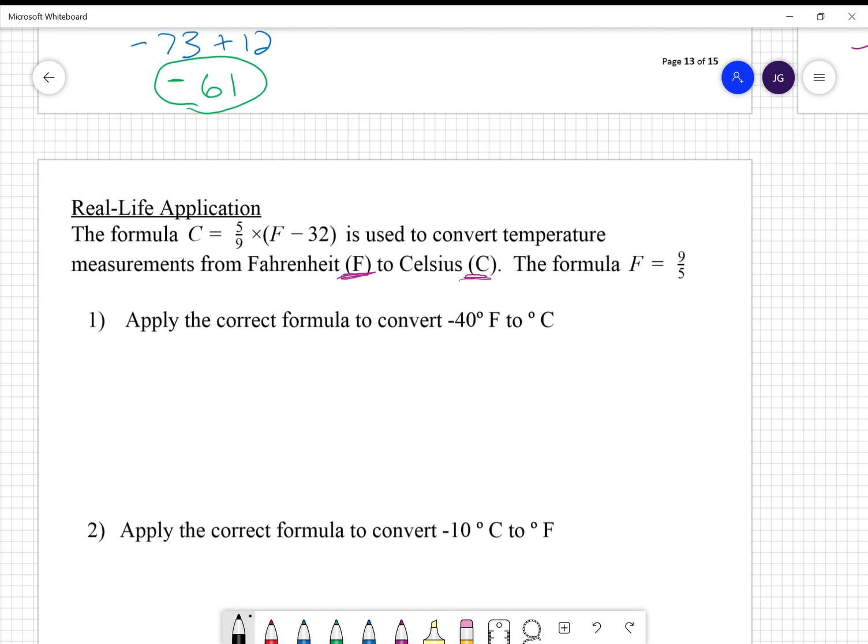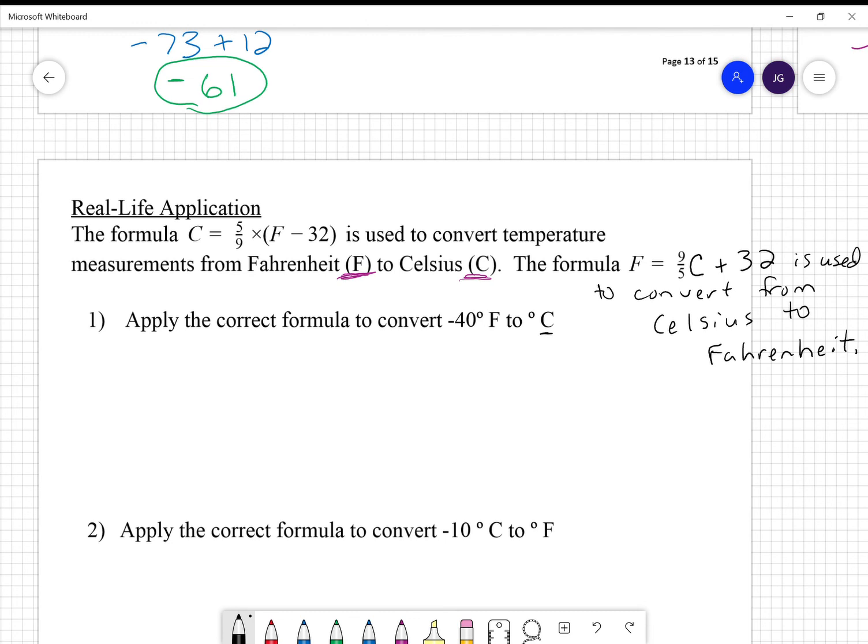The formula F equals 9/5 C plus 32 is used to convert from Celsius to Fahrenheit.